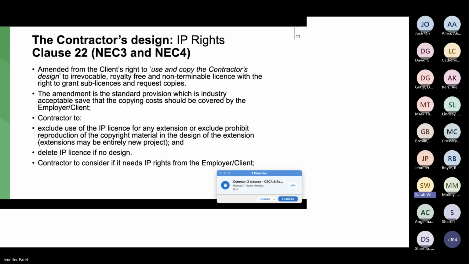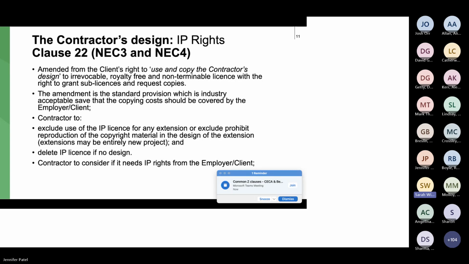So they can use it and reproduce it for all sorts of things relating to the works that the contractor has constructed. The two key ones that are usually up for argument are using that design to build something else.